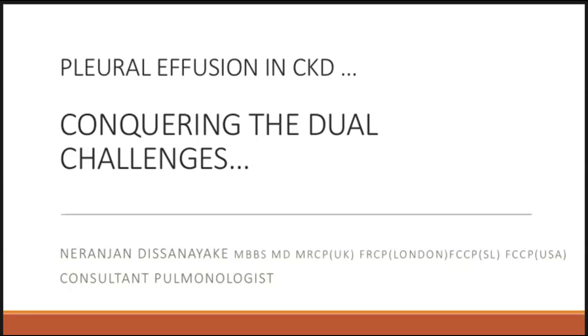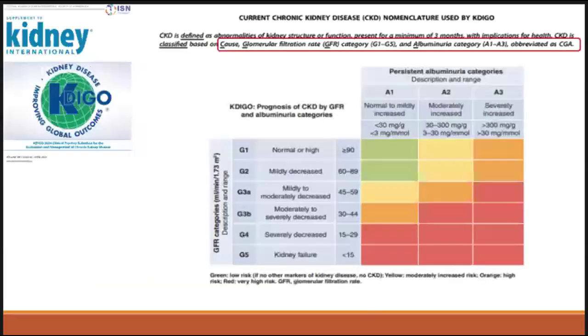But when we look at what the definition for CKD is, just an update. This is from the 2024 April guideline. Basically, CKD is defined as any abnormality of structure or function lasting for about 3 or more months.